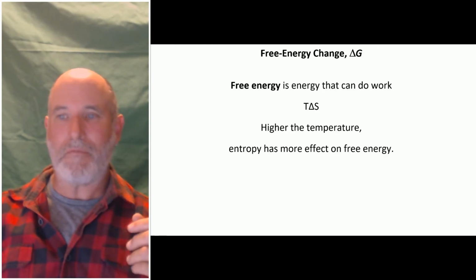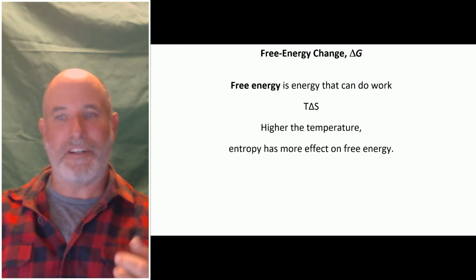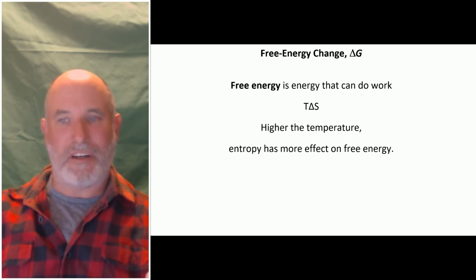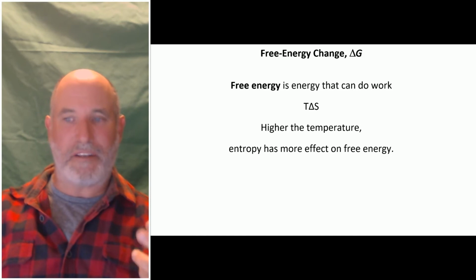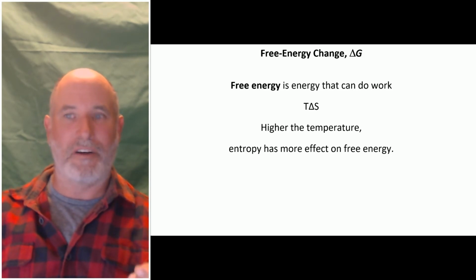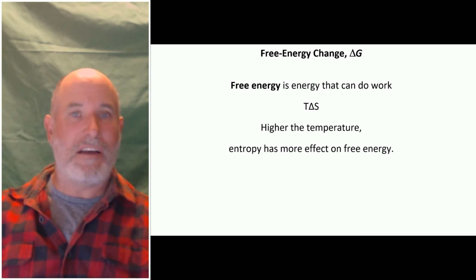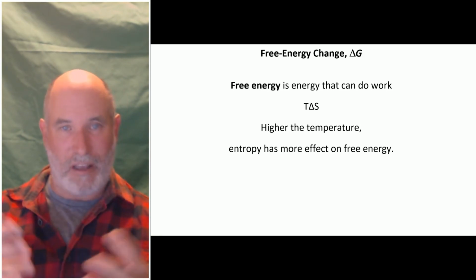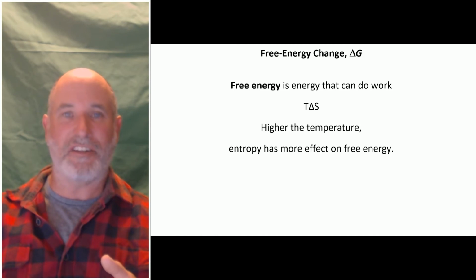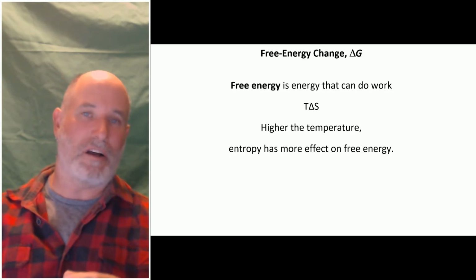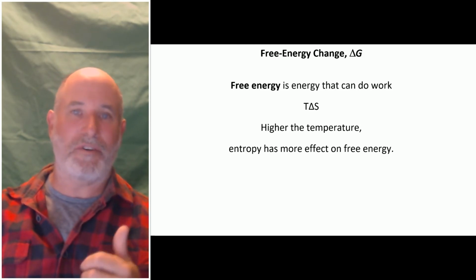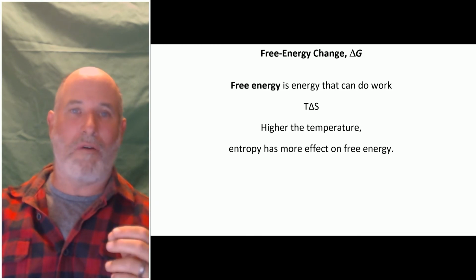And as a result, what that's going to do is give off free energy. Okay. So, of course, we know free energy is energy that can do work. And the higher the temperature, entropy has more of an effect on free energy, because our equation is delta G, which is our change in free energy, equals a change in the enthalpy, like how much heat is giving off, minus the temperature times the change of entropy. So as temperature goes up, it's going to have more and more of an effect.